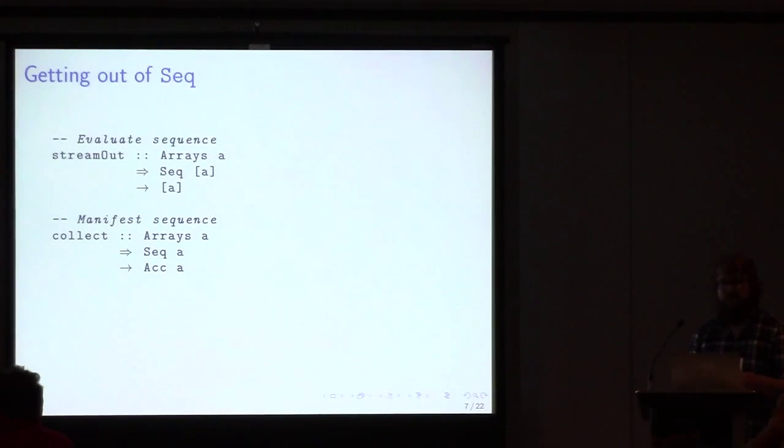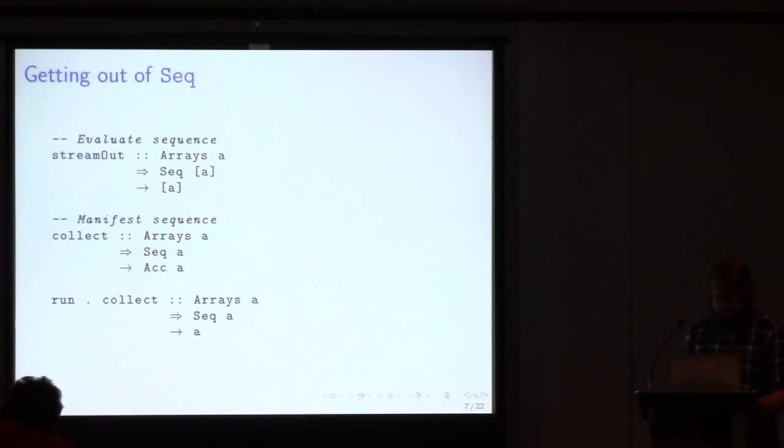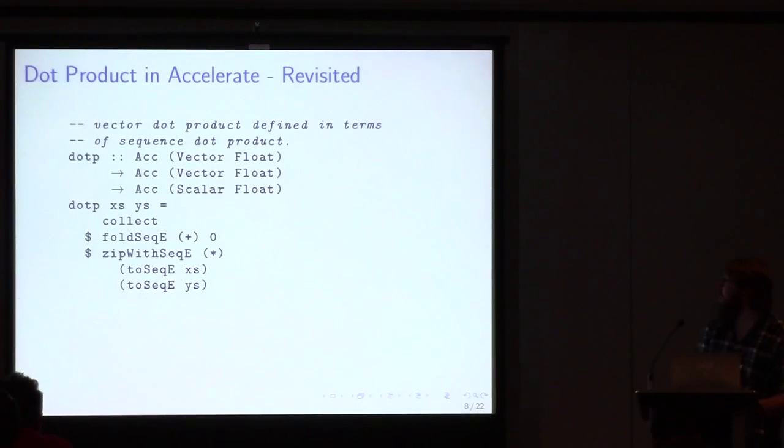The reason why folds don't just return Acc is that we want to support multiple reductions or folds over the same sequence, and having it in Seq means that we can ensure that there will be a single traversal and not multiple traversals, basically. So you can easily combine run and collect to get a run function you can think of for sequences, as shown here.